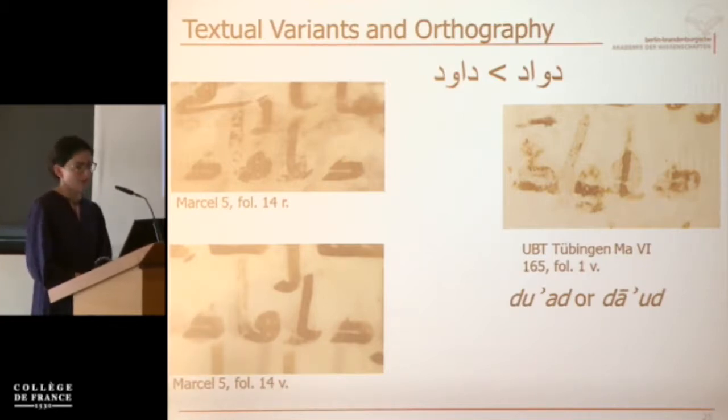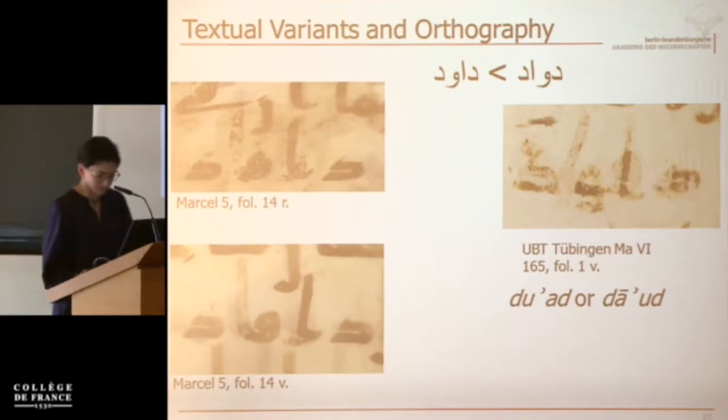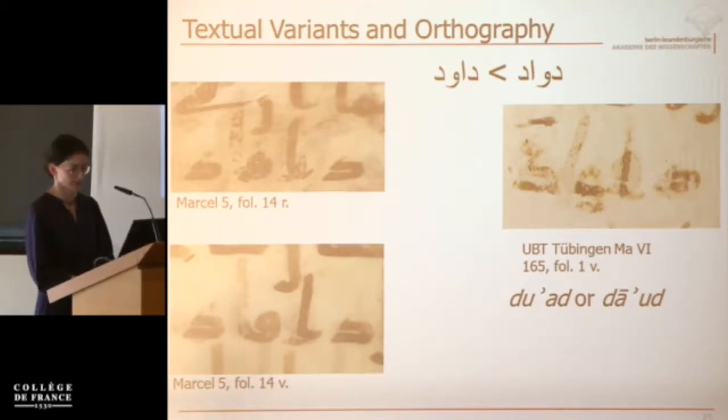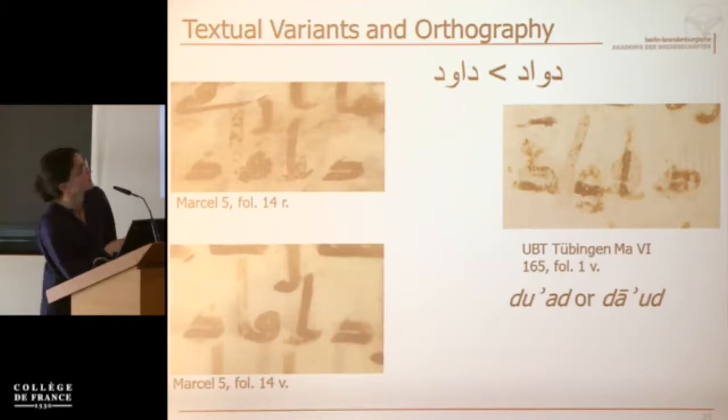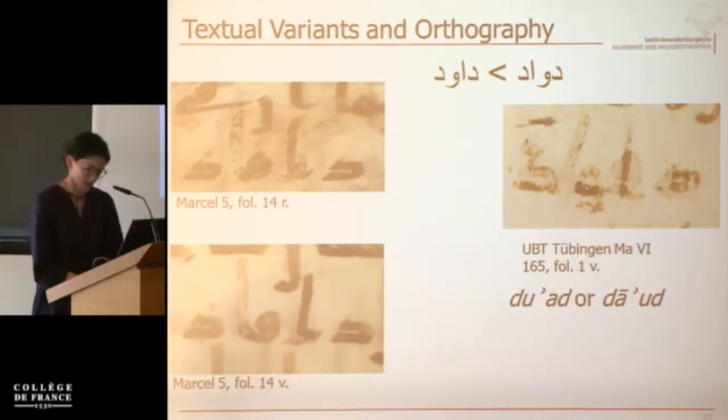There are two examples of this name in the manuscripts, and in both cases the word is written with dal, waw, alif, dal, instead of dal, alif, waw, dal, like in the reading of Hafs. In both cases the word was modified, as you can see here, the waw and alif, and here also. The same writing is also in the Tübingen manuscript, in E20 St. Petersburg, and also in a London manuscript.